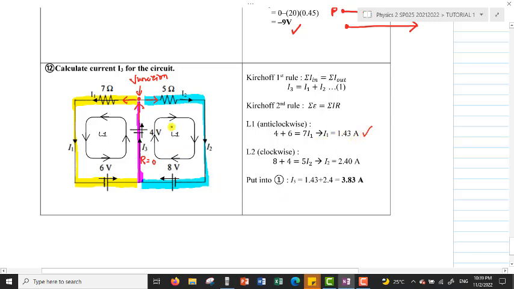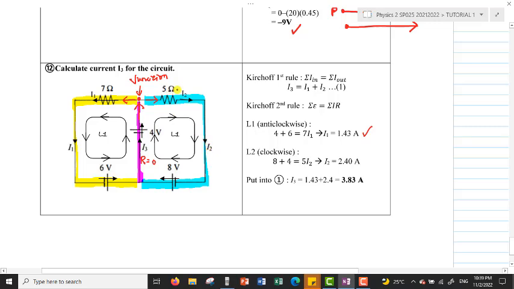And now we consider our loop 2. We travel clockwise also. If we compare the direction of 8 volt with the direction of the loop, it is the same, so we have positive 8. Then the EMF 4 volt, the direction is also the same as the loop, so we have positive 4 volt. The current I2 has the same direction as we travel in the loop, so it's positive I2.